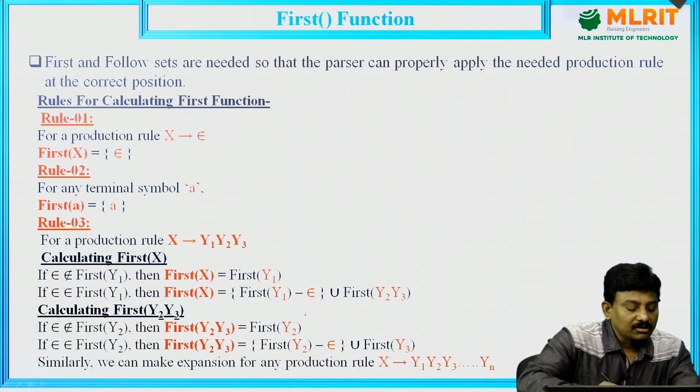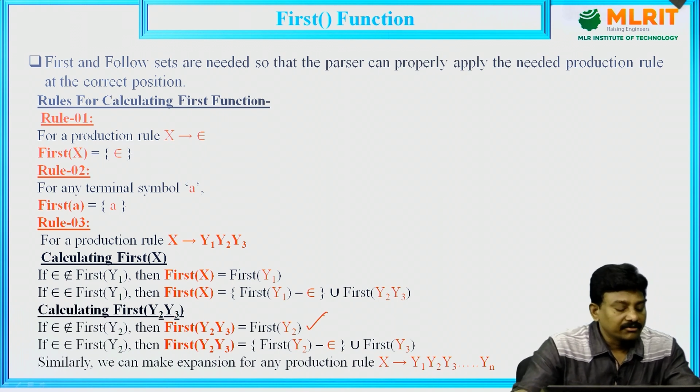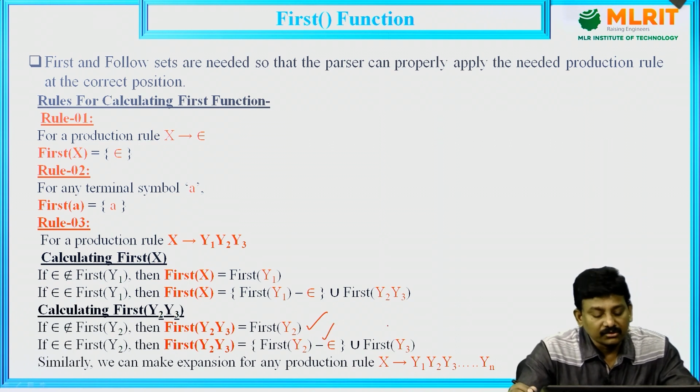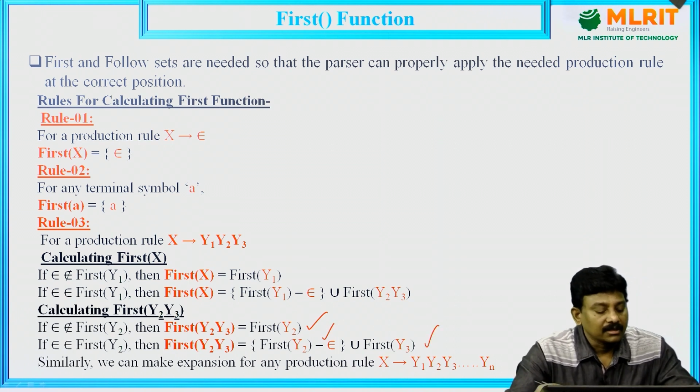If epsilon belongs to first of Y2, then first of Y2 Y3 is equal to first of Y2 excluding epsilon, union first of Y3, and so on until we reach the end of the RHS.